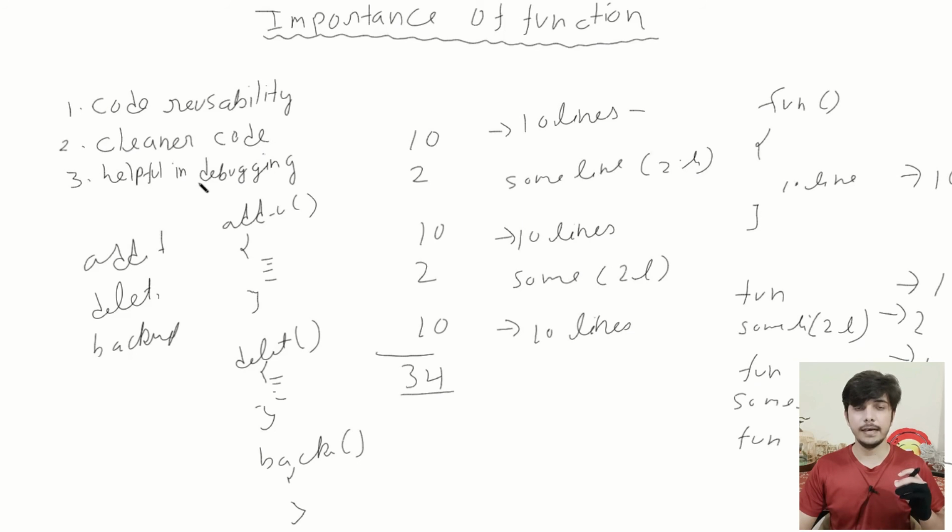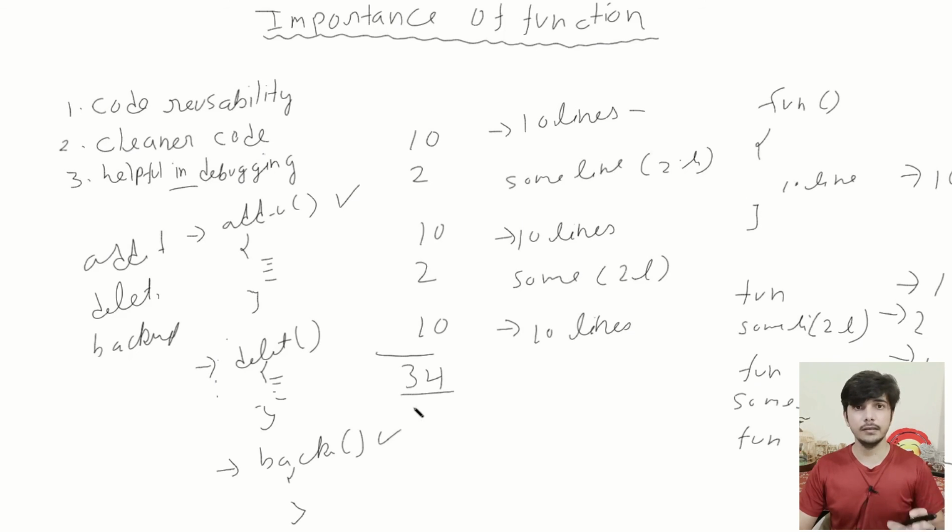And since we are dividing our program into multiple segments based on their functionality, it is also helpful for debugging purposes. For instance, suppose you write 3 functions: one for the addition of user, then deletion of the user, then the backup of the user. Suppose you execute your shell script and you find out that the addition of the user, whatever we had defined here, is working fine. Backup is also working successfully, but there are some issues in the deletion of the user.